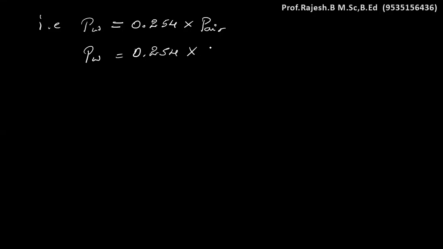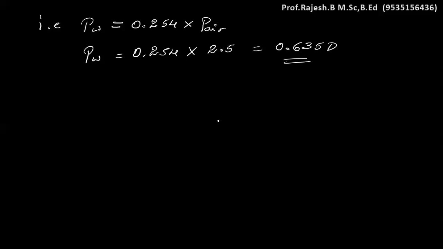That means the power of a lens when it is immersed in water will change to 0.254 times the power in air. So 0.254, and what is the power of the lens in air? That is 2.5 diopter. So it comes around 0.635 diopter.